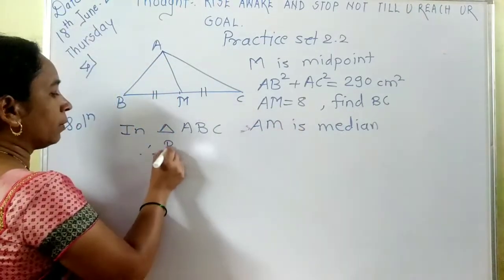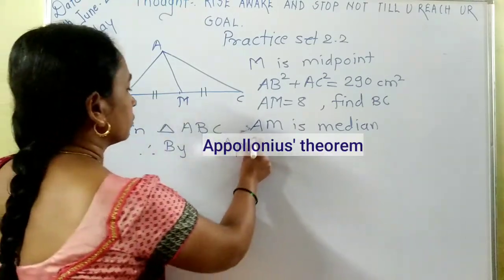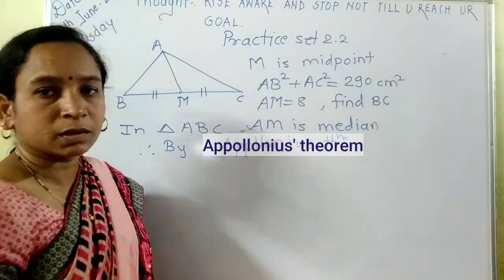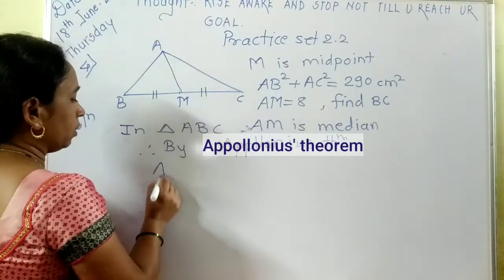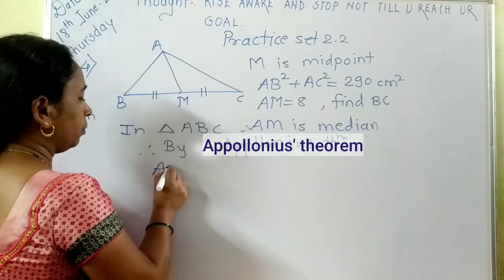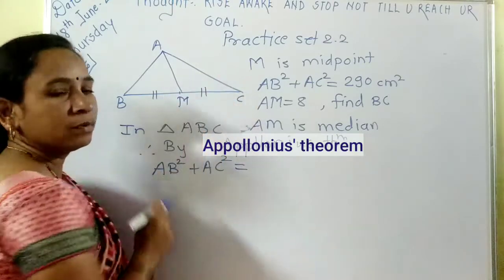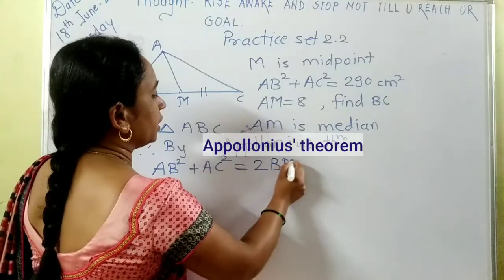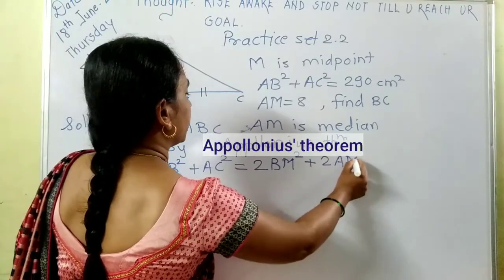So therefore by Apollonius theorem, we will get AB square plus AC square is equal to twice BM square plus twice the median, that means AM square.